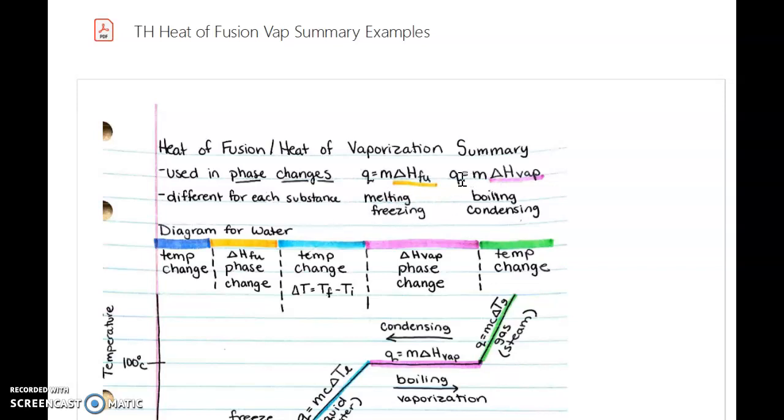And then Q equals mass times the heat of vaporization is for boiling and condensing. They're different for each substance. These are two numbers that depend on what substance you're talking about in the problem. Most of our problems are going to deal with water, so that's not too big a deal.